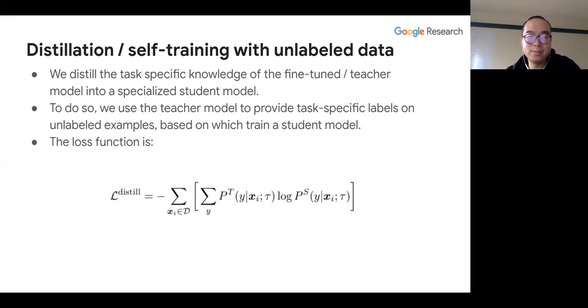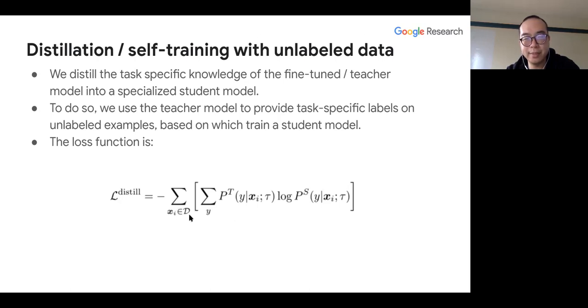But let me make things a bit more clear about what I mean by self-training or distillation with unlabeled data. What we do is similar to distillation, but we use the unlabeled data to distill the knowledge. Here is the teacher's prediction.